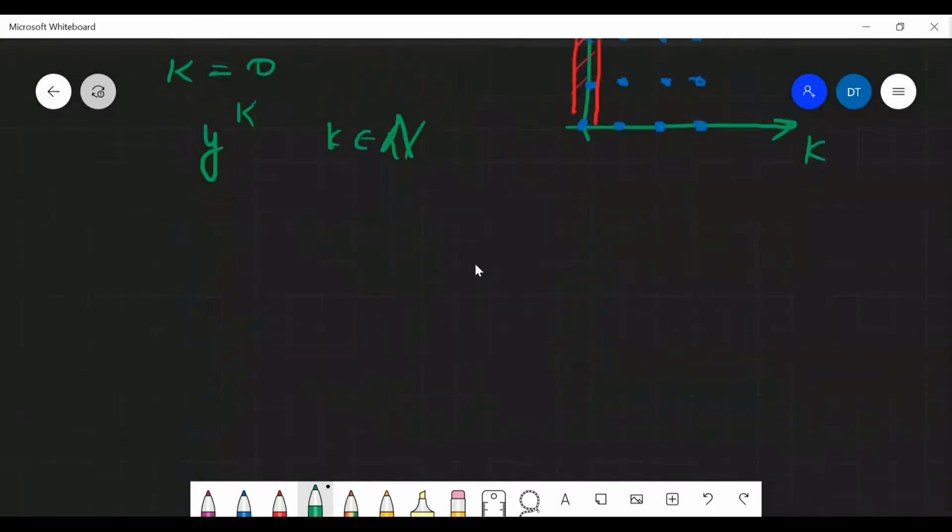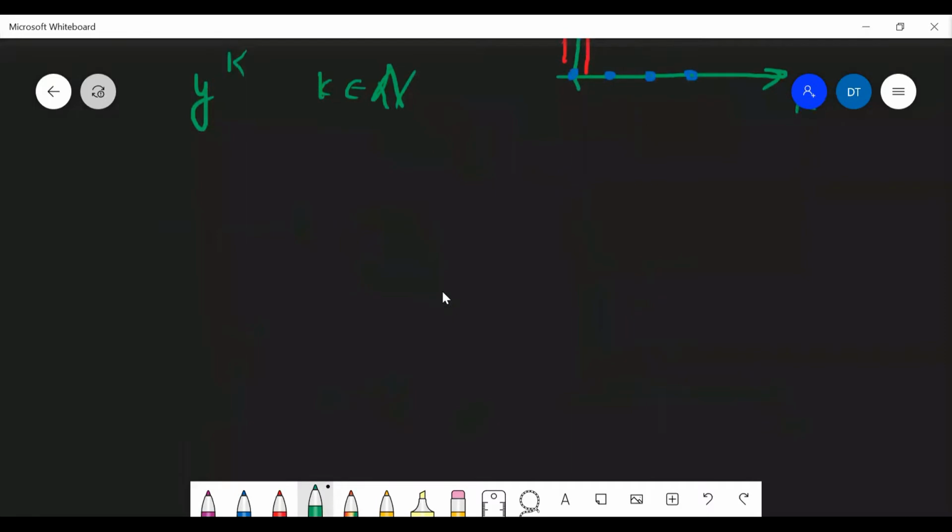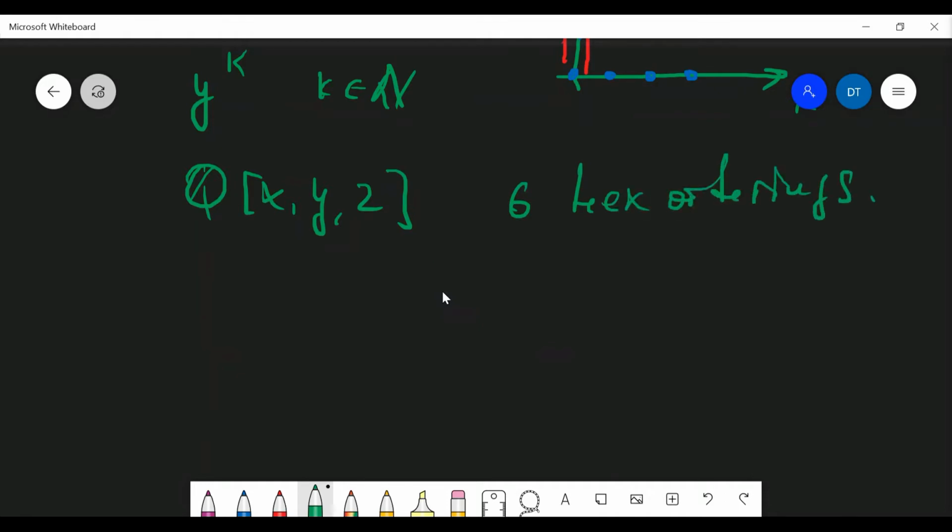So now the next question is this. I want to take polynomials in three variables. And I know there are six different lexicographical orderings, six lex orderings, because we have six options for the order of the variables.